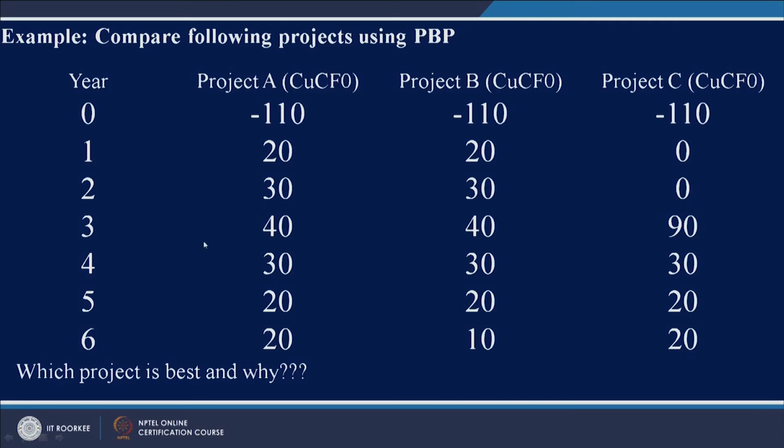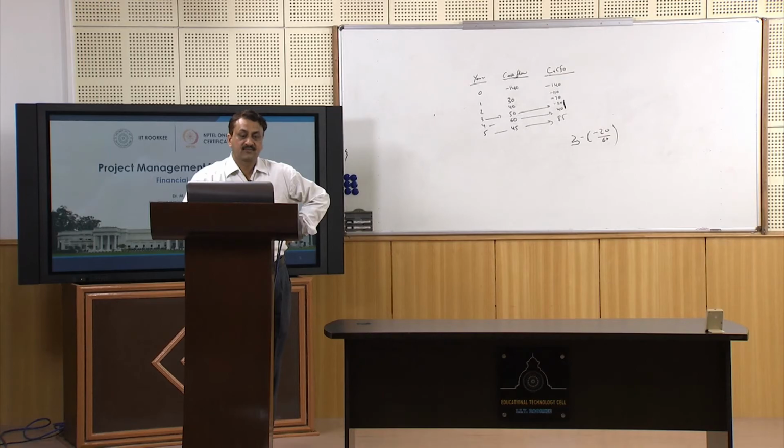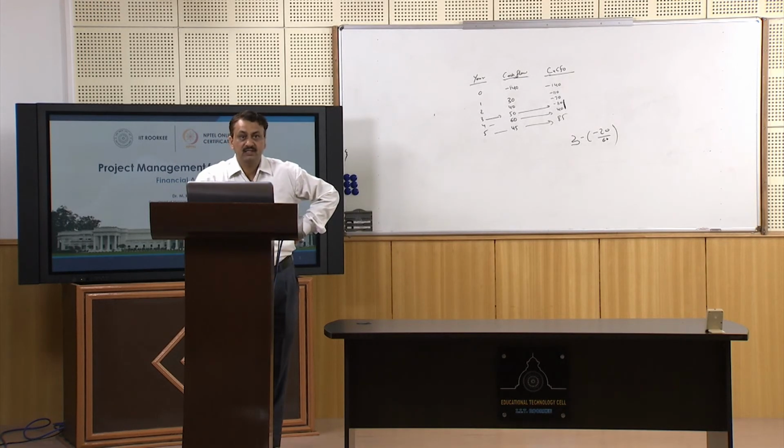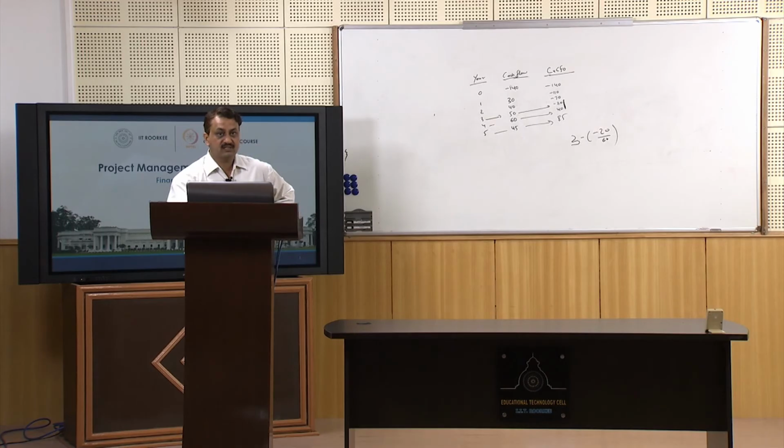And 20 for project A in the 6th year, 10 here for project B and 20 here for project C. So how to choose the best project? First of all find out the payback period for each of these projects, and then we'll take a decision, right?